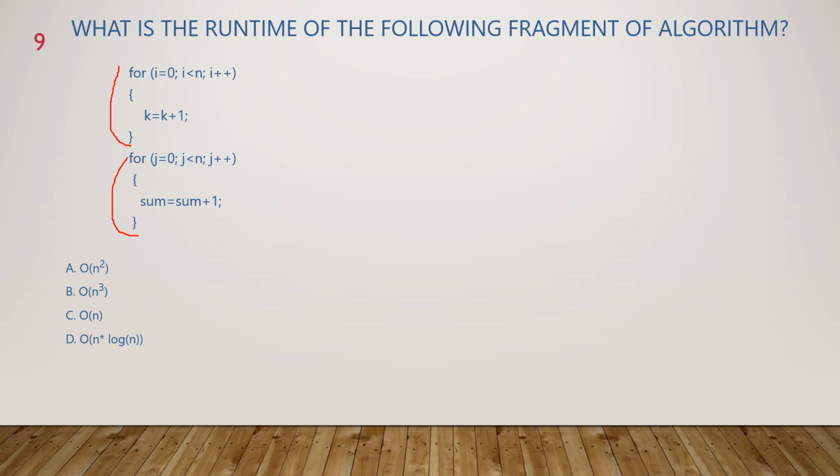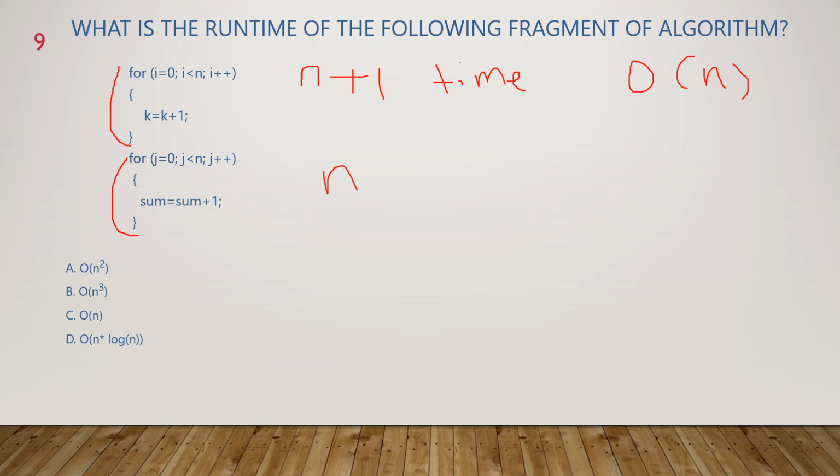Based on the first one, I runs from 0, I is less than n, that computes a maximum of n plus 1 times. That means big O of n. And the second one is also similar.